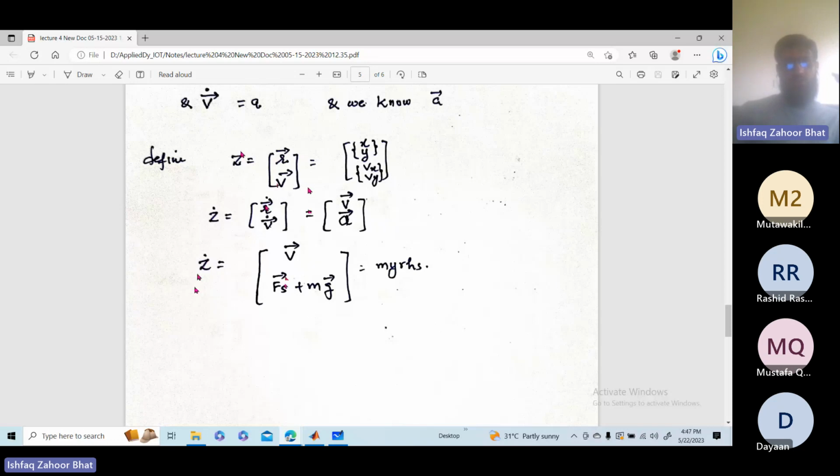So we calculate z dot initially using the initial value of z, then we integrate it to predict the new value of z, put it back into this equation to get the new value of z dot, integrate it again, get a new value, and keep going like this.